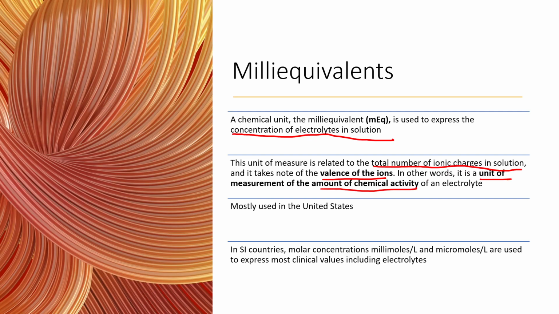Mostly you can find this in the United States. However, here in the Philippines, we do use milliequivalents as well. However, the SI counterpart of milliequivalents is millimoles or micromoles.